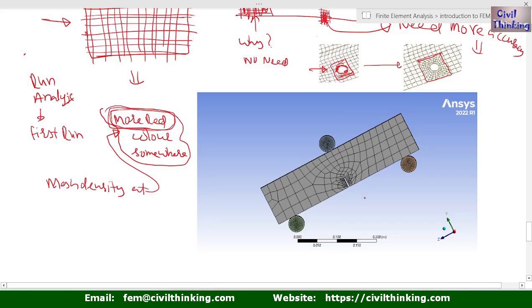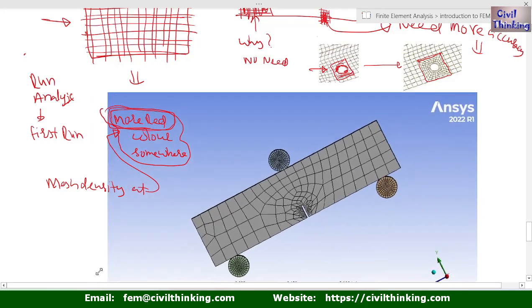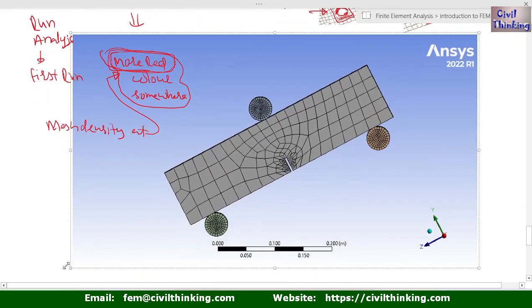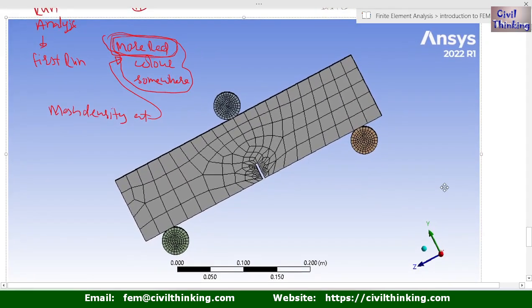If we can zoom in, as you can see, I have kept the meshing loose here, because I don't need results here, so why would I keep it high density.